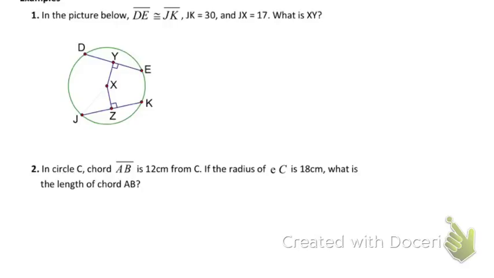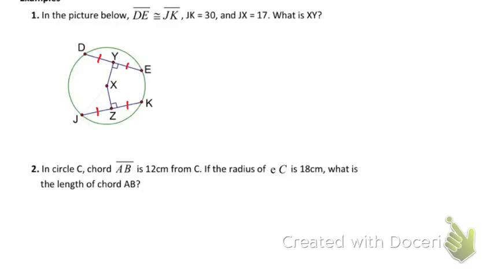So just hold on. Don't write these down. But I know that DY is congruent to YE, and I also know that JZ is congruent to ZK. We can refine that even further. Let's go back to what this said. This said DE was congruent to JK. So if these two are congruent, that means, in fact, all four of those segments are congruent.